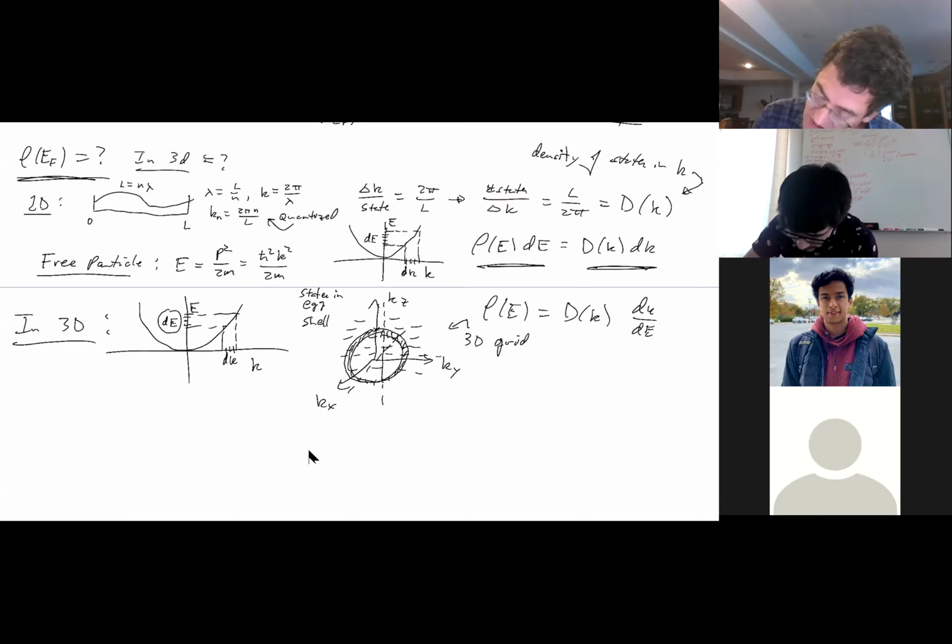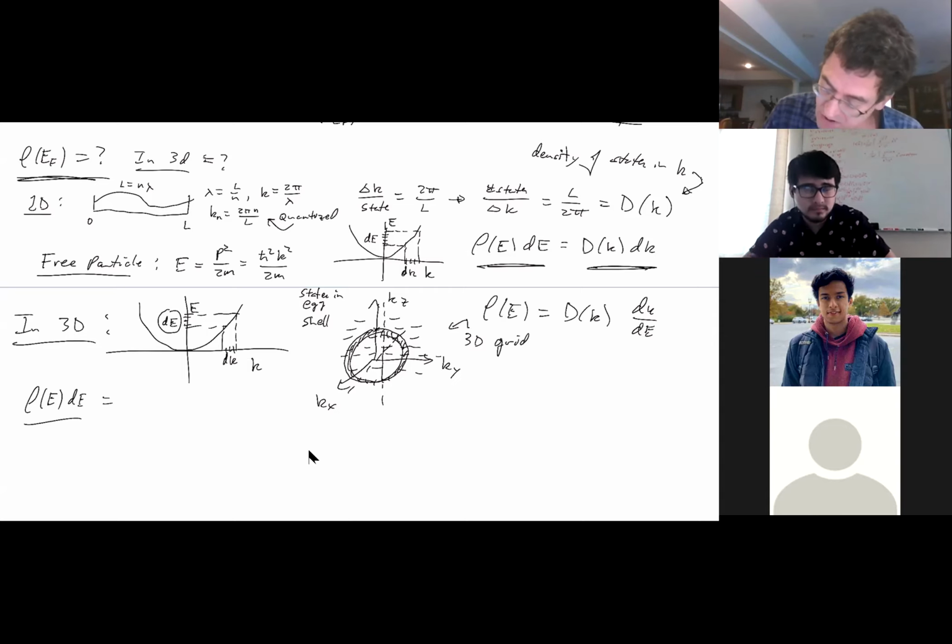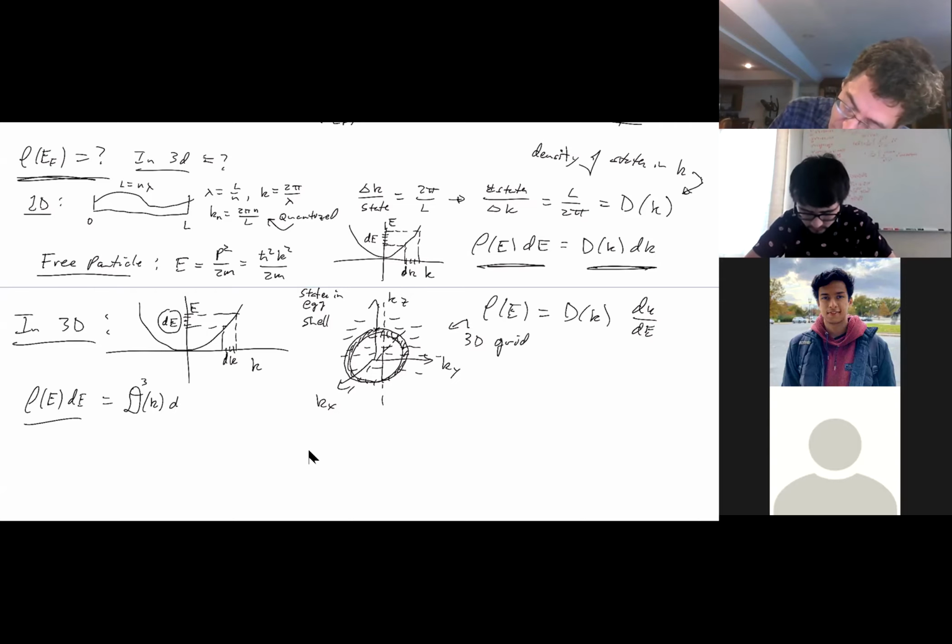So now when I equate this, I have to say that the density of states in energy, rho of E dE, is now equal to the density of states d of k, where this is a three-dimensional density of states in k space, times d cubed k, which is the volume in k space, and that's the difference.